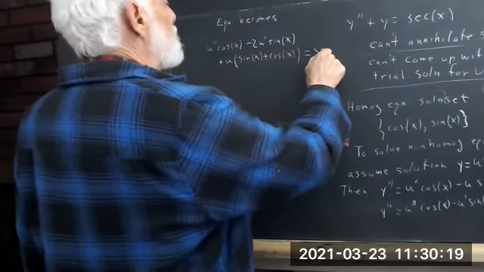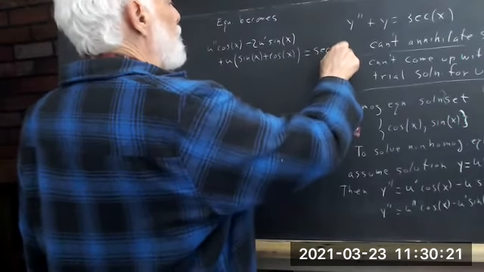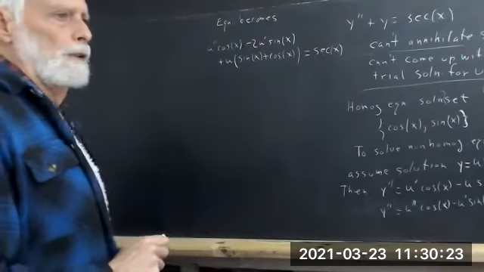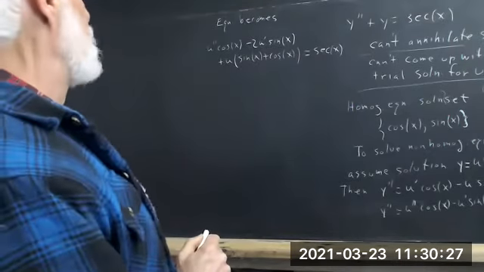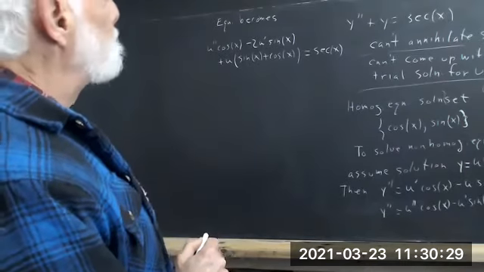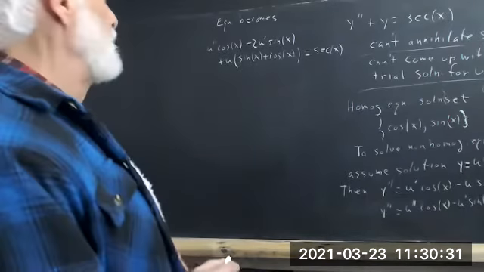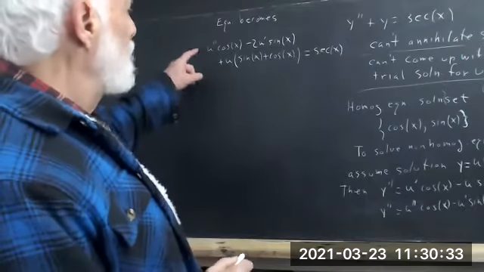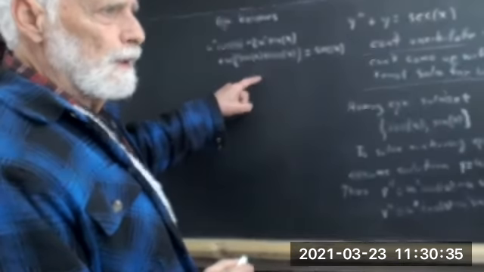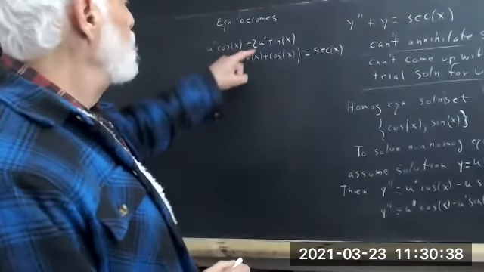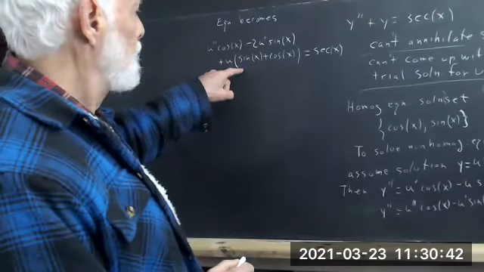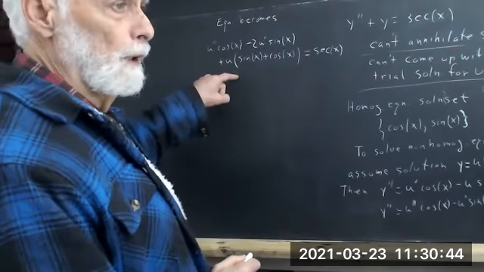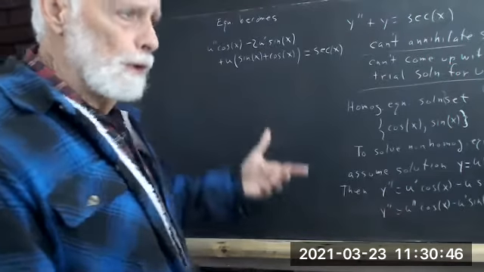And that has to be equal to the secant of x. Well, now we still have an equation in u and its derivatives, but it's still a second order equation. We want to reduce the order.